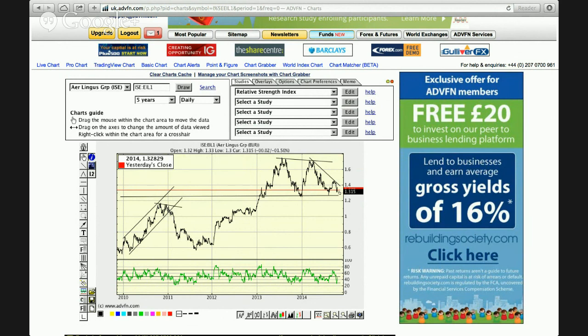Usually it tends to break up above where the pattern occurs. So let me just draw. Again, I'm just drawing this based on these three. We see this coming down toward that level.